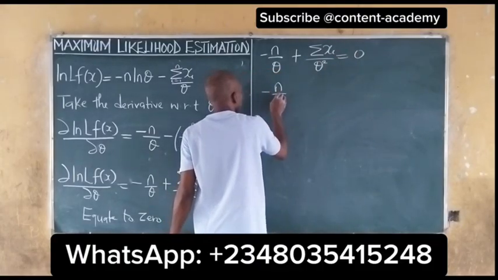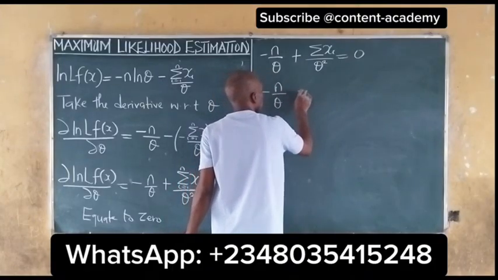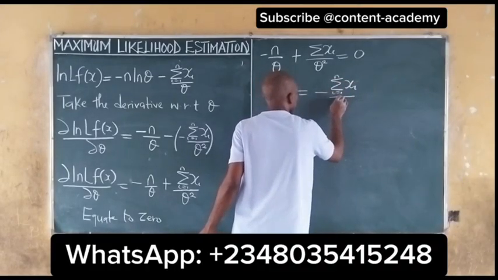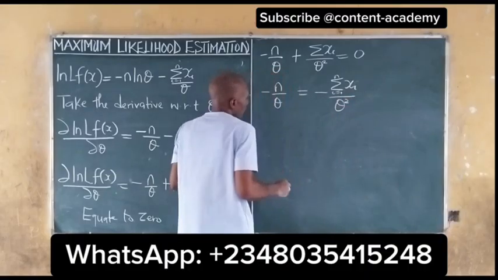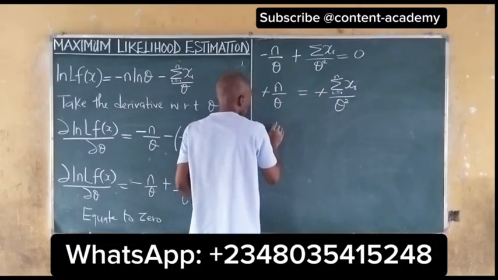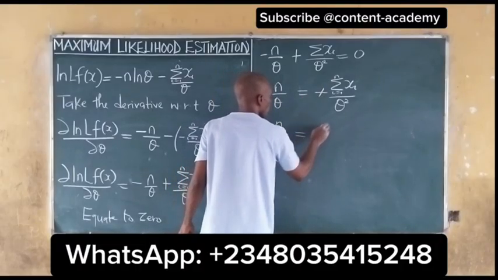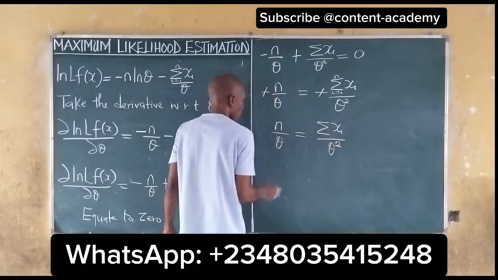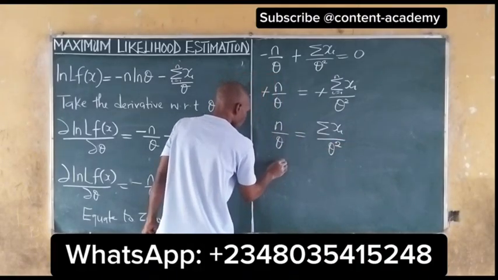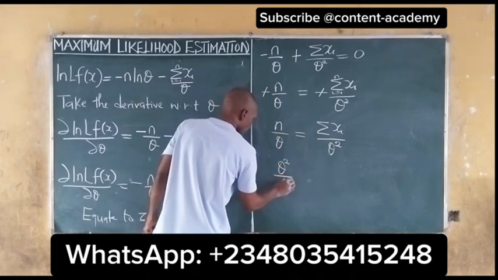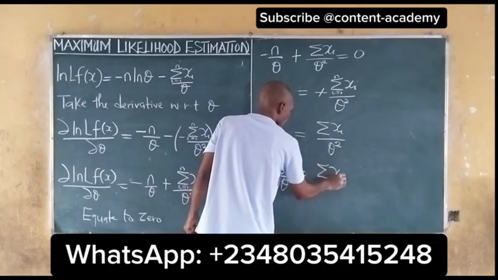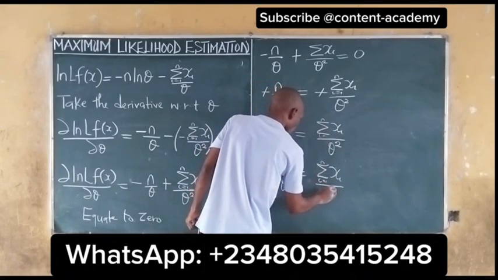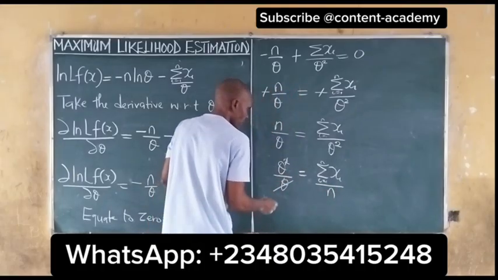So this can be written as n over theta equal to summation of xi as i running from 1 to n over theta squared. Of course, this can come here to give us theta squared over theta equal to summation of xi as i running from 1 to n over n. So this can cancel this.